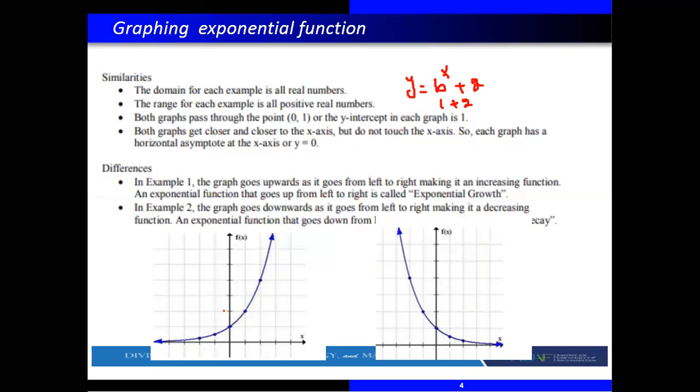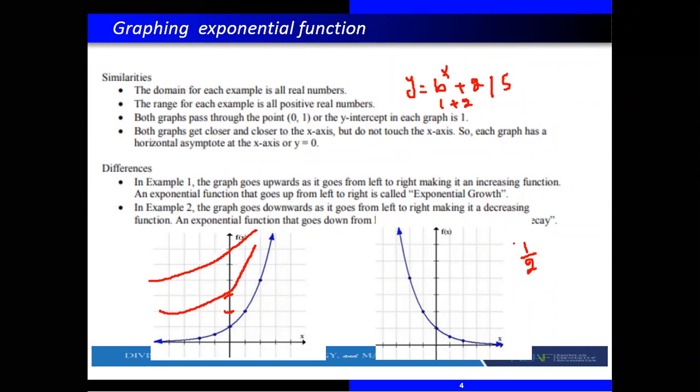Then the graph will be like this. If you add 5 here, then the graph will start from 6. Same if you give a minus value, it will shift downward.